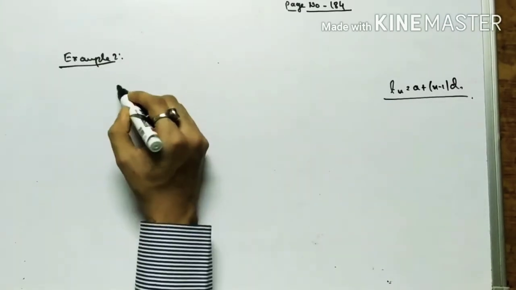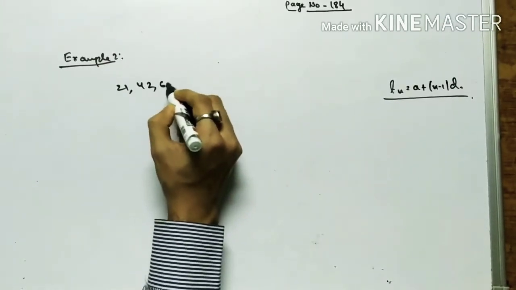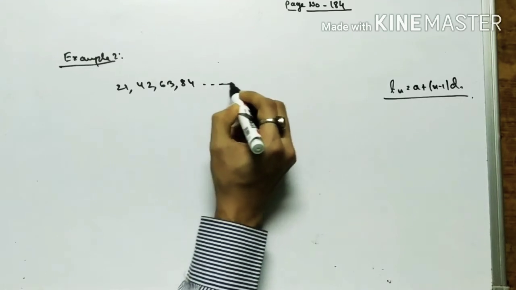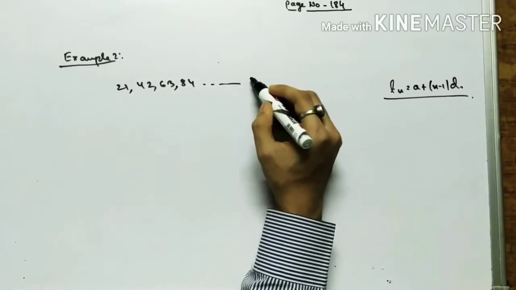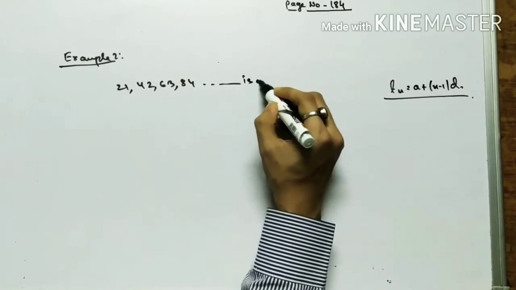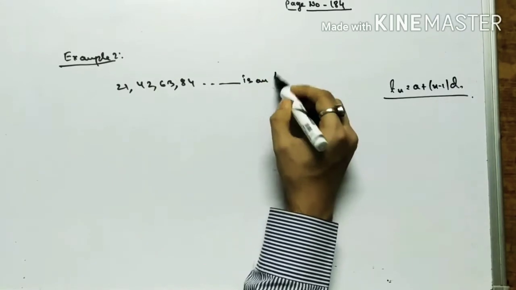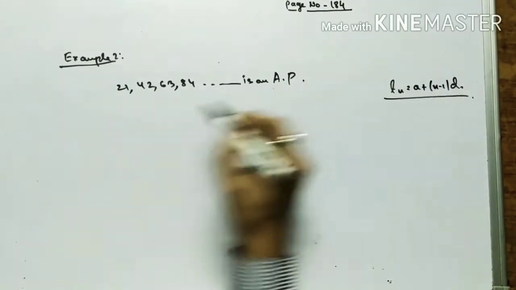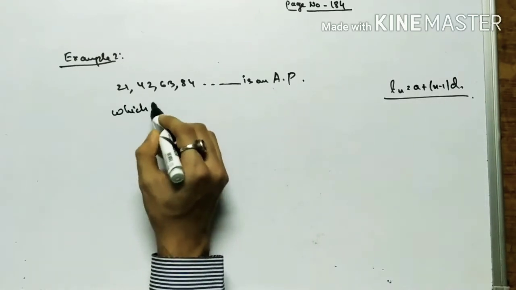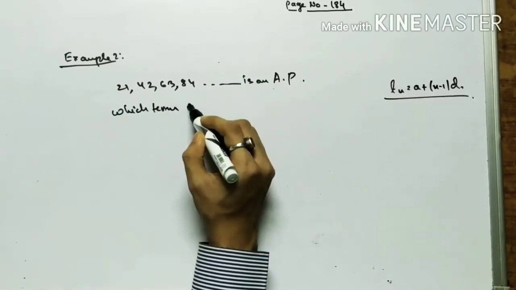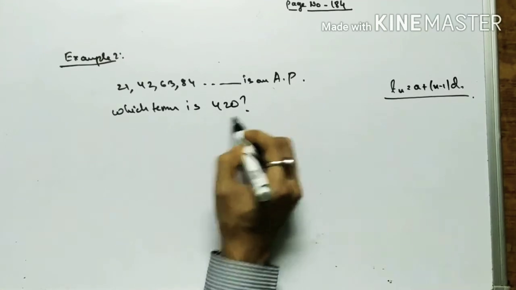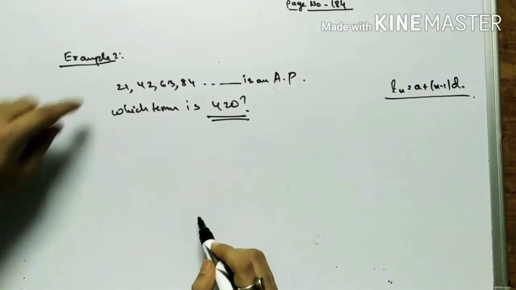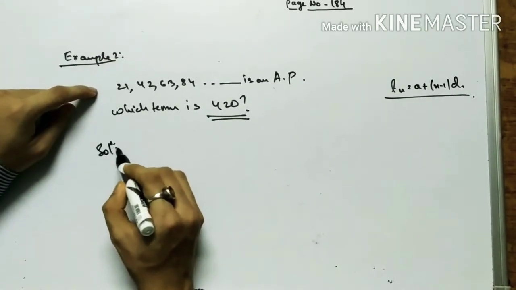Example 2 you see here: 21, 42, 63, 84 dot dot dot is an arithmetic progression. Okay, this is an AP. Which term is 420?